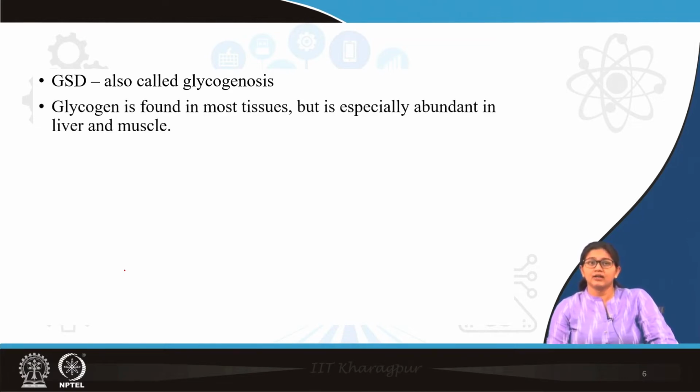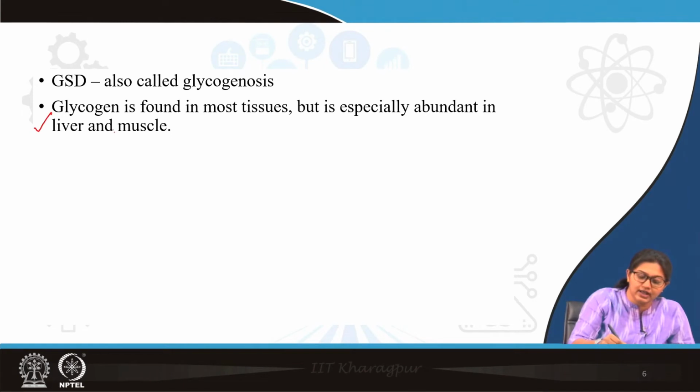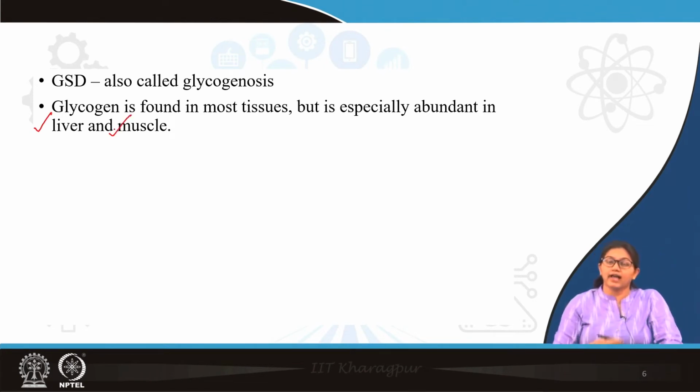So, basically glycogen is stored inside tissues. Now, glycogen, if you remember, is found in most of the tissues, but the most important organs are liver and muscle. So, in glycogen storage disorder, the accumulation occurs mostly in these organs.